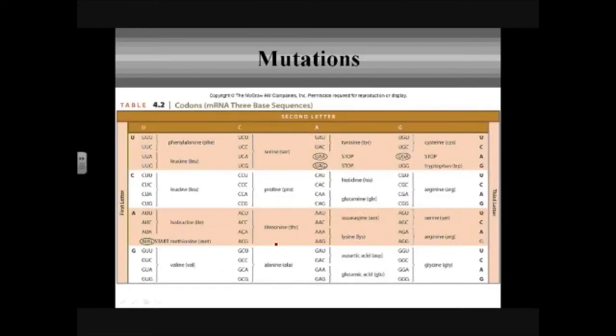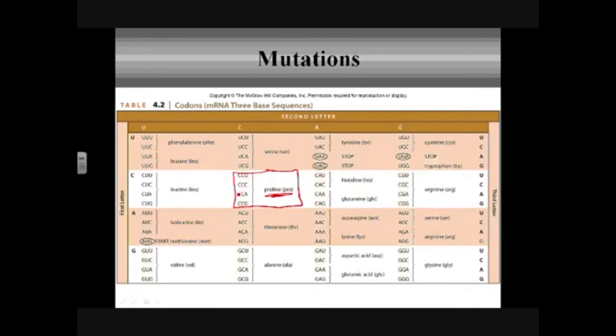What I mean by that is if we look at this section of our table for proline, it doesn't matter whether the genetic code says CCU, CCC, CCA, or CCG for the codon.